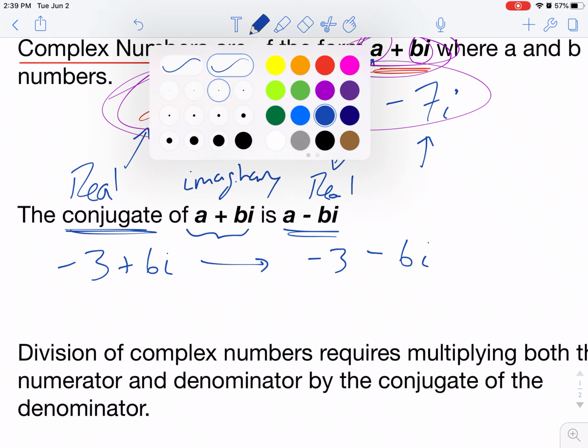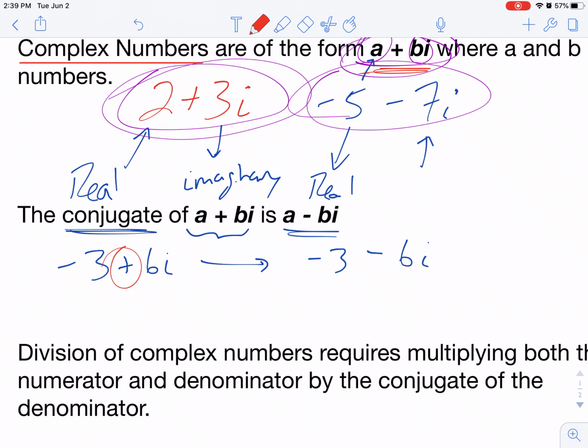You notice the only thing that changed is the sign in the middle, okay? The conjugate only changes the sign of the imaginary term. So if I gave you -1 minus 5i, the conjugate of that would be -1 plus 5i, all right?